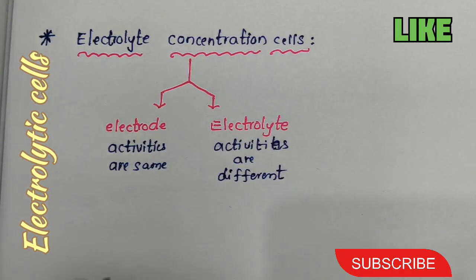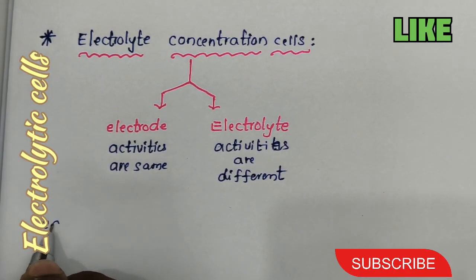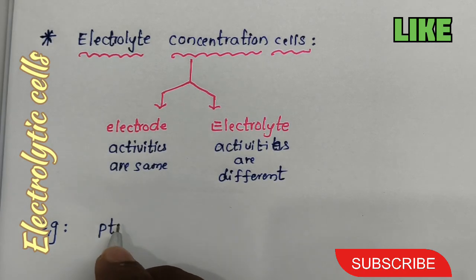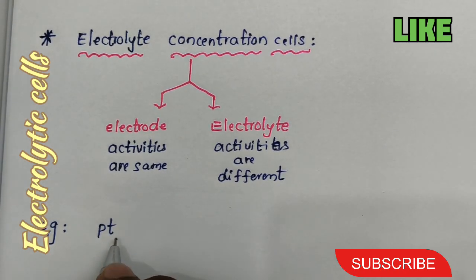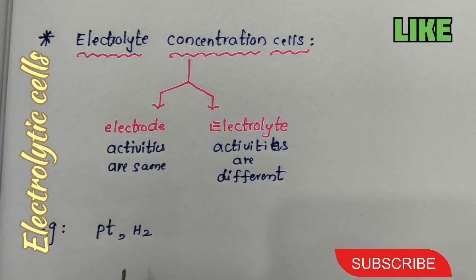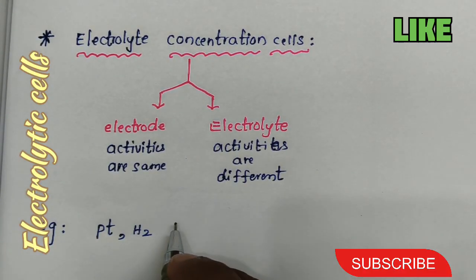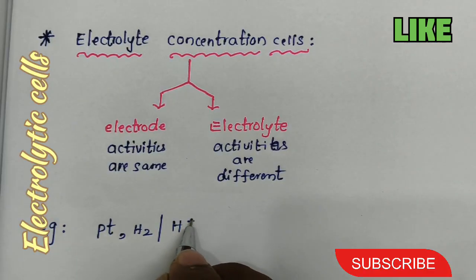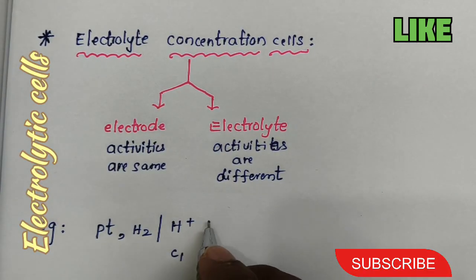So now we will discuss one example. Platinum is one electrode. Now hydrogen gas is present in that half cell. That one contains H plus ion concentration, denoted with C1.